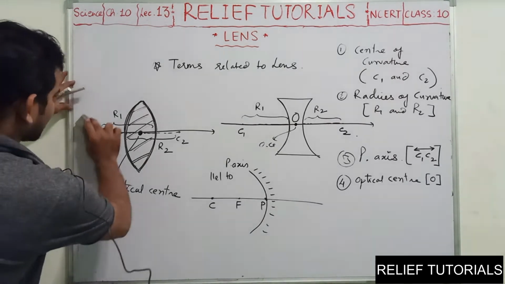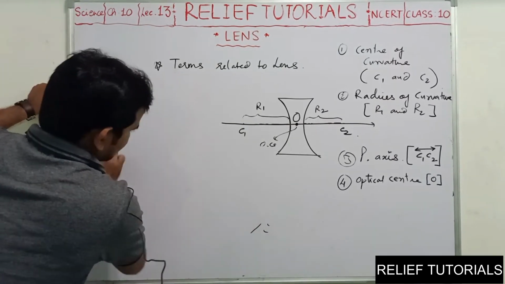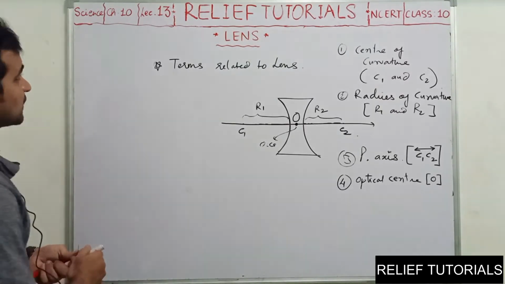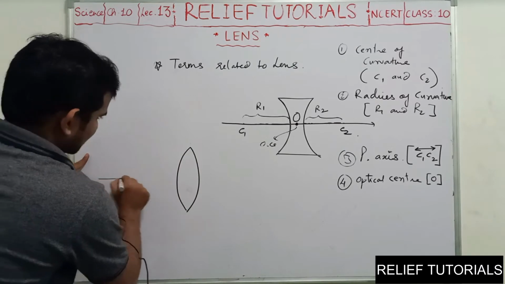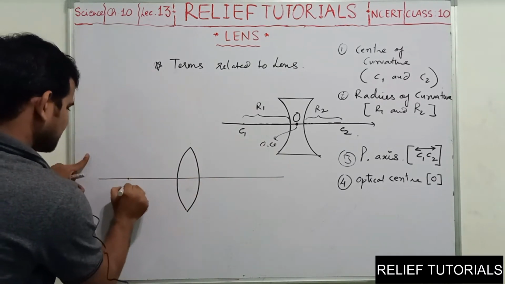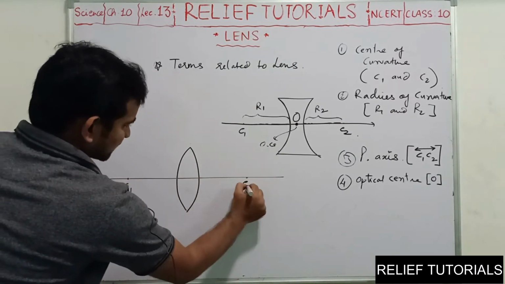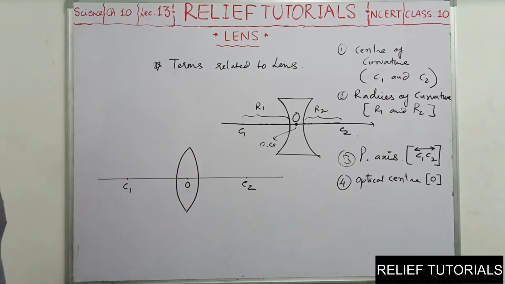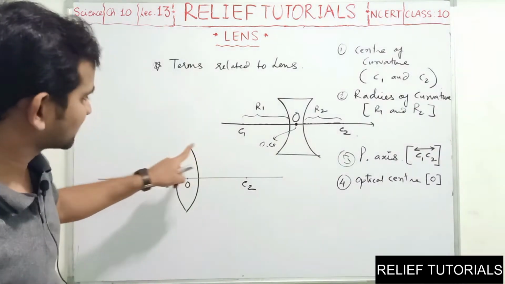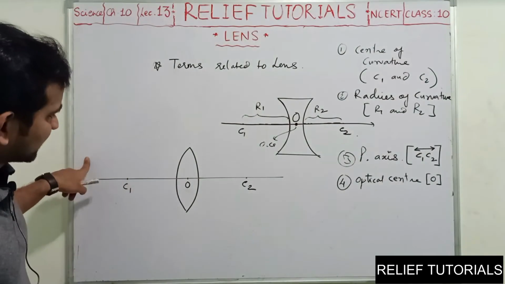So if I draw the diagram again, consider here is the lens, this is principal axis C1, C2, and here is the optical center. So we can place the object on any one side of the lens at infinite distance.